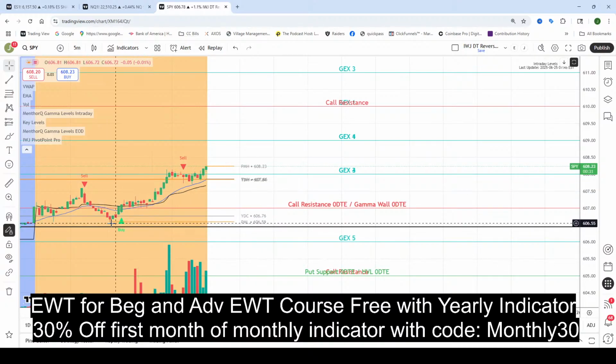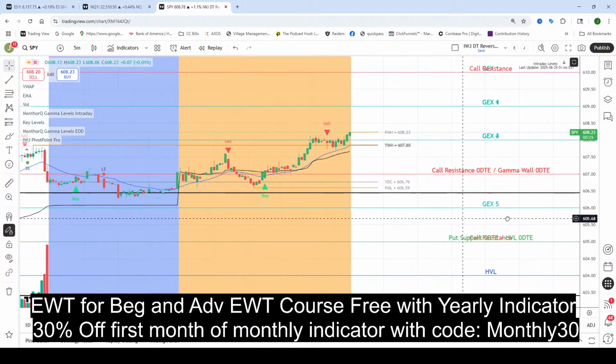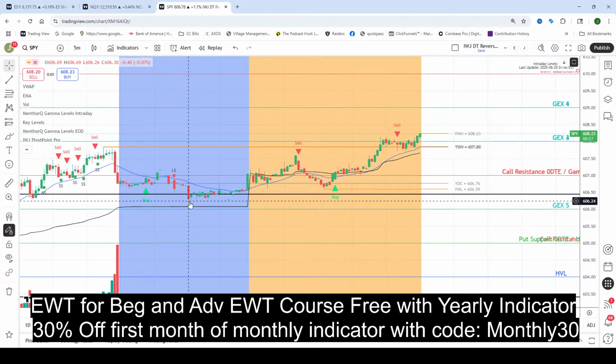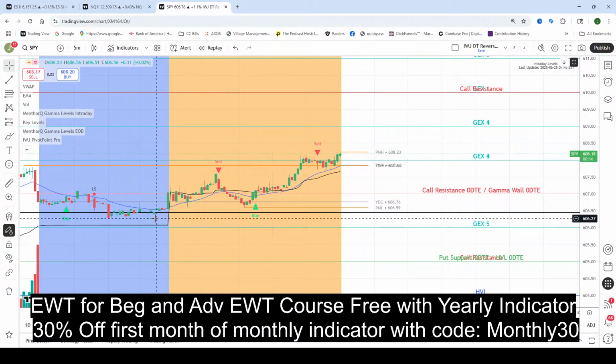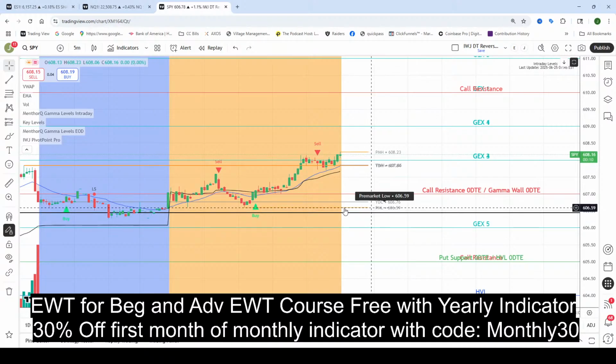You can see they touched it here in the pre-market. If we go back and look, the actual low for the SPY overnight is about 606.19. In any case, these levels are key levels because they are the Globex levels. They are the overnight traded around the world levels that got bought and or sold, in this case bought because it's the pre-market low.